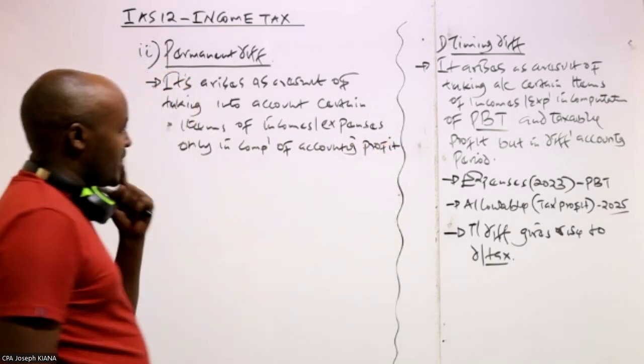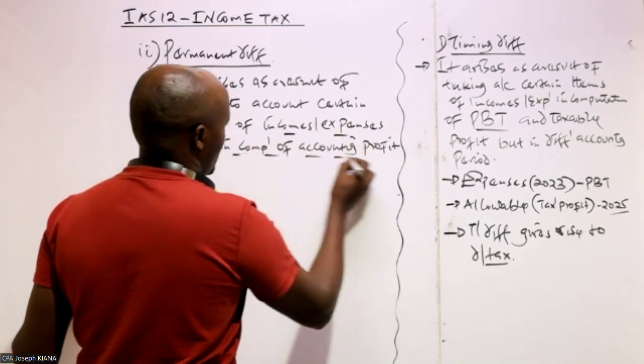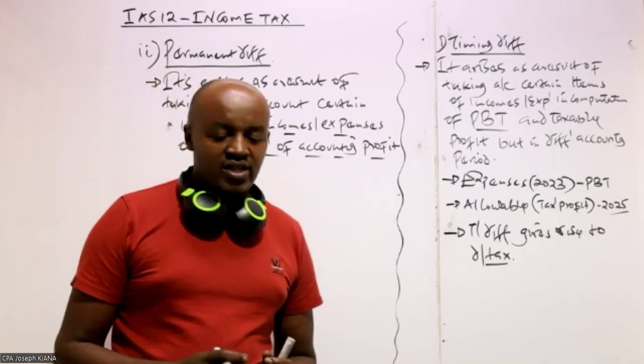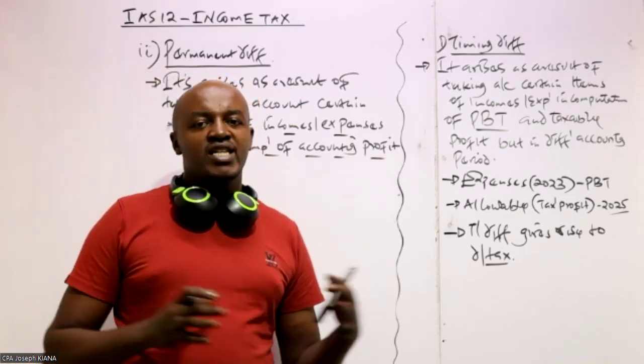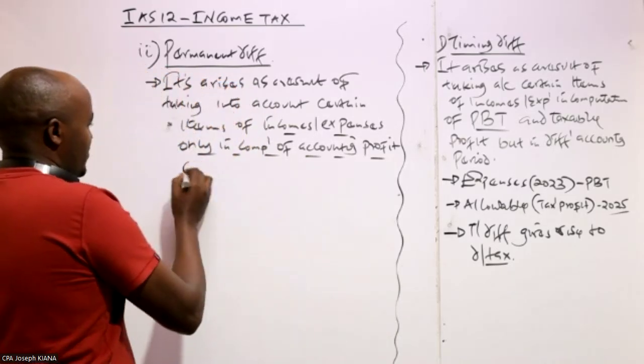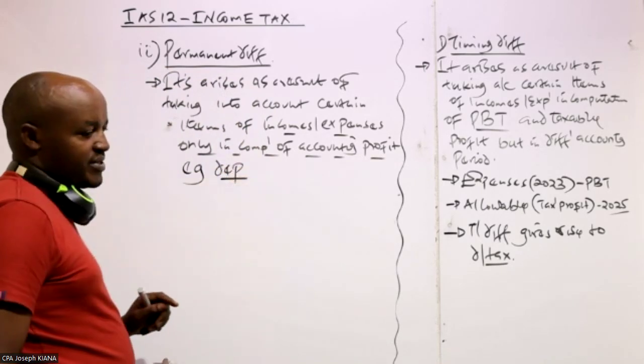So we have those particular items of incomes or expenses which are only taken into account in the computation of accounting profit, meaning that these particular items of incomes or expenses are not taken into account in the computation of the taxable profit. And good examples of such items of expenses include depreciation.